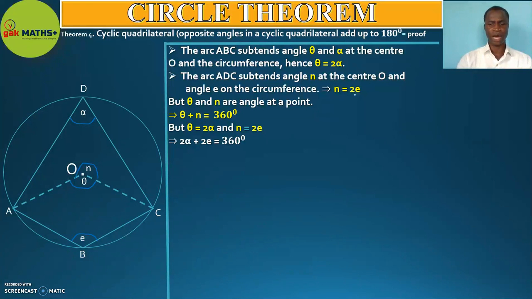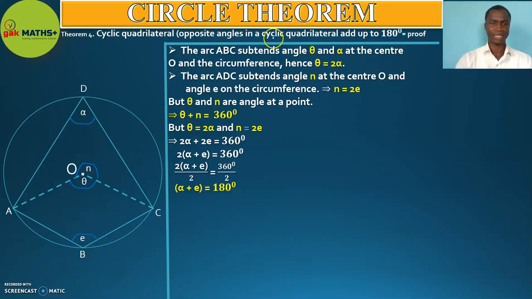Factorizing 2, we have 2 times the parentheses alpha plus E is equal to 360 degrees. Dividing both sides by 2, we have alpha plus E is equal to 180 degrees.